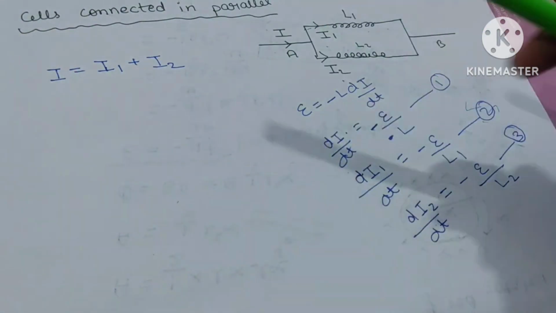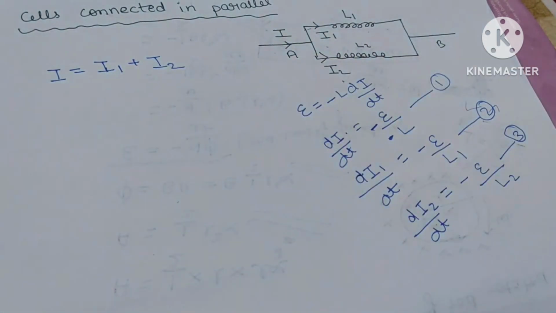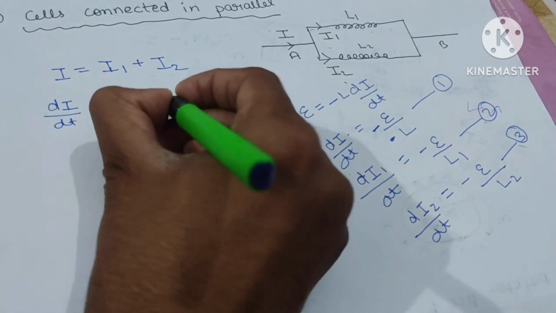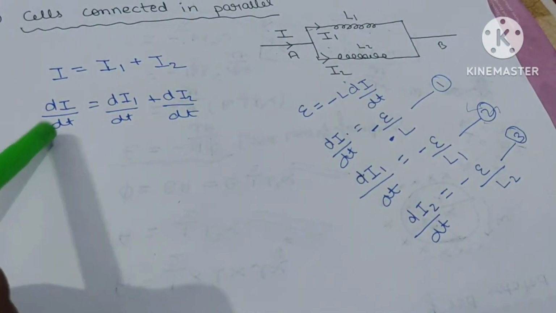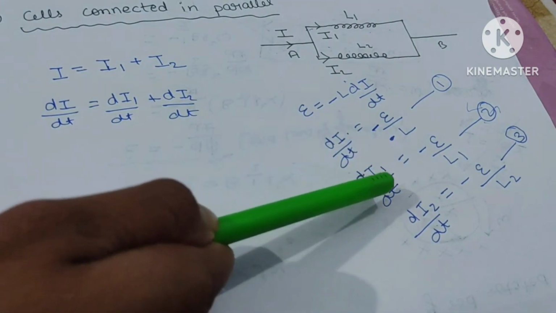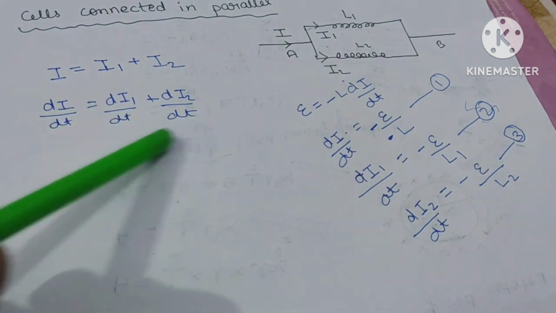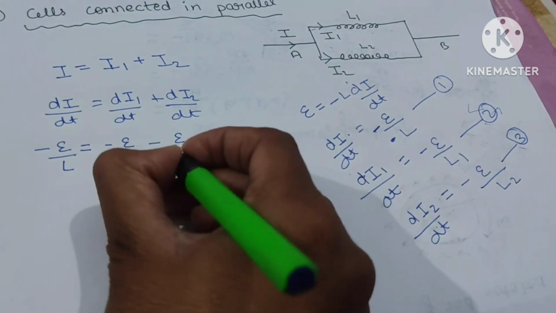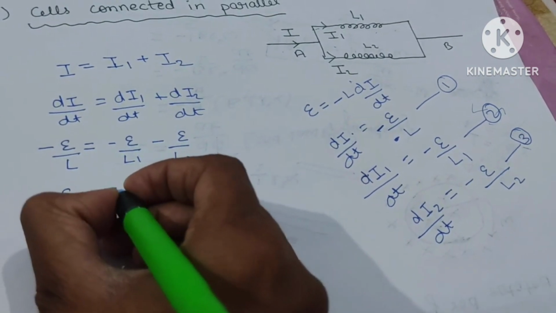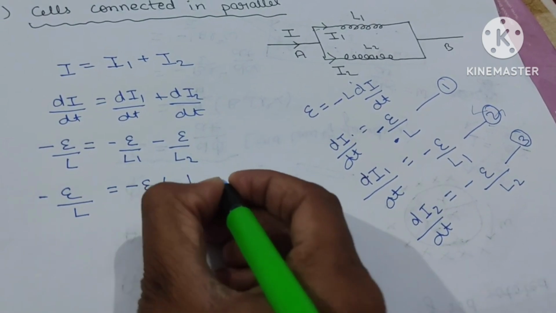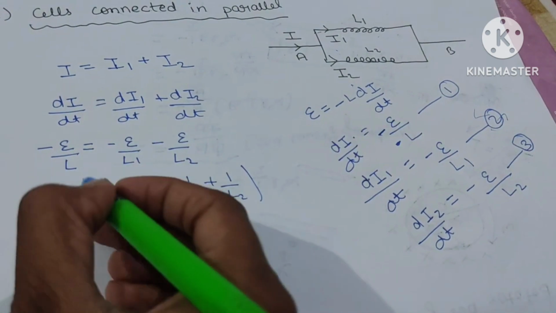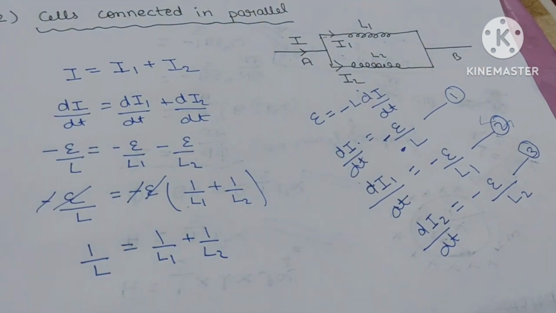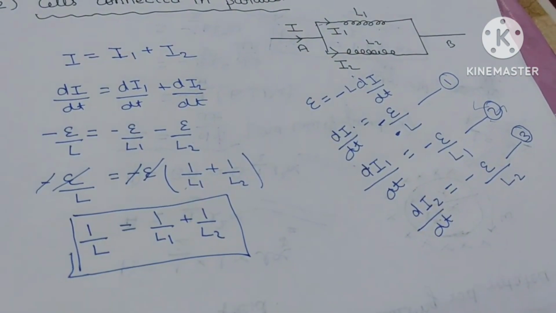Now we can't put the current equation in directly, we should differentiate it with respect to time. Then put the values of di/dt, di1/dt and di2/dt from equations 1, 2 and 3 in the respective places. We get minus E over L equals minus E over L1 minus E over L2. Take minus E as common, cancel the E and the minus sign, and we are left with 1/L equal to 1/L1 plus 1/L2.